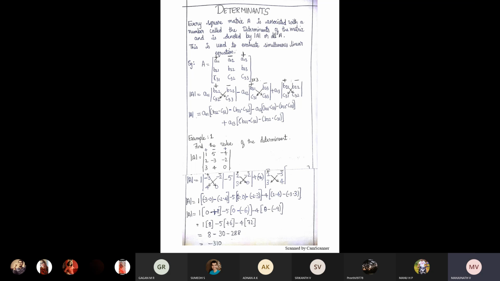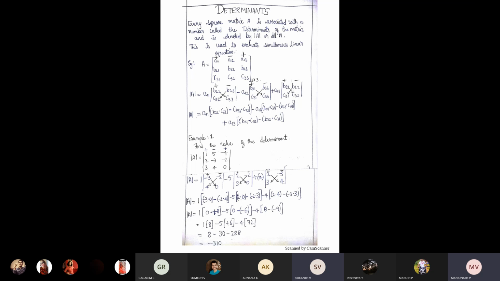There's a convention while solving determinants. Always you have to assume this plus, minus, plus. That is constant. That is the order. Plus for first column, minus for second column, plus for third column.